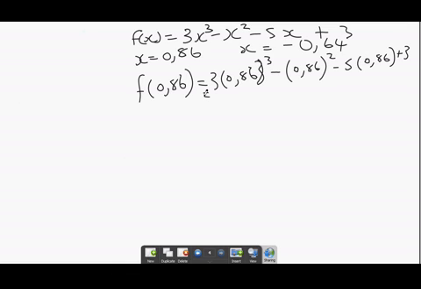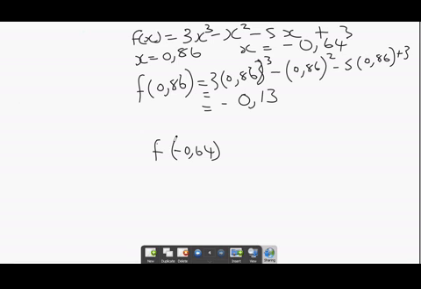Then if we punch our calculator, it's 3 bracket 0.86 close bracket to the power of 3, minus bracket 0.86 close bracket squared, minus 5 times 0.86, plus 3, and that will give us negative 0.13.